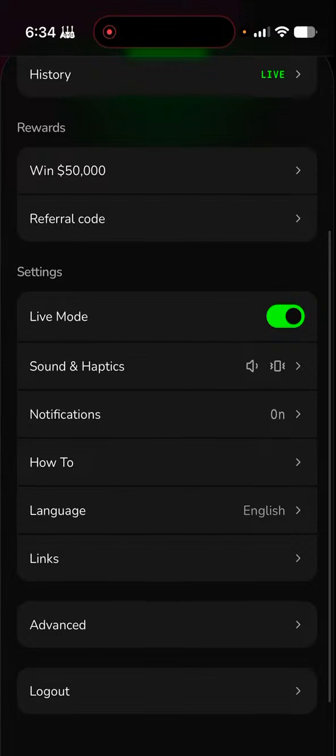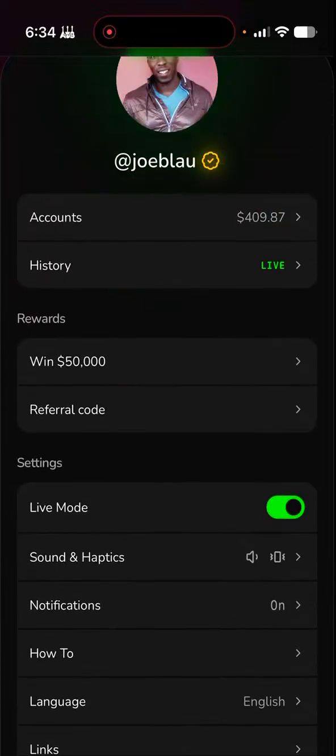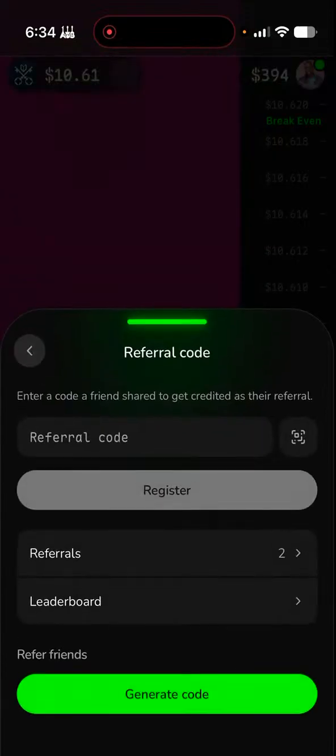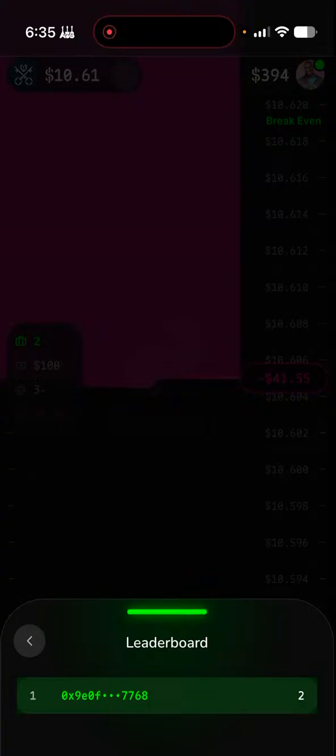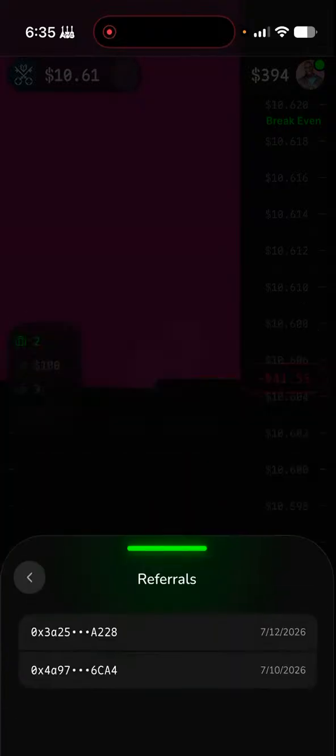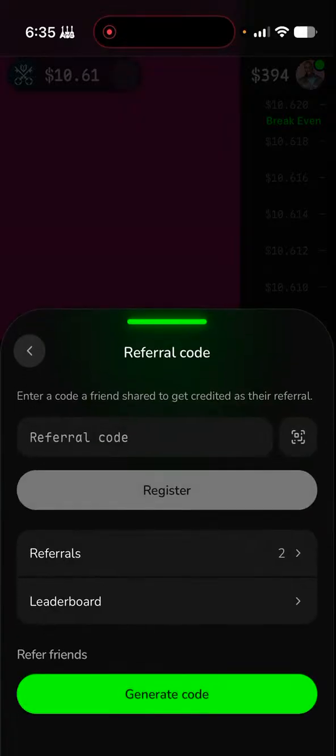We added a referral code section. So now you can actually refer people, and we have a leaderboard. I'm the only one on the leaderboard, but I was testing it out last Friday at the Coliseum. So we've got referrals, and you can refer other people to BlockSwap now and get points for referrals and join the leaderboard.